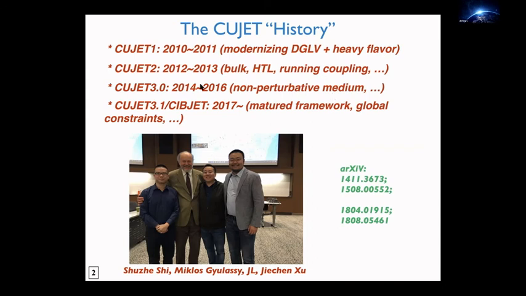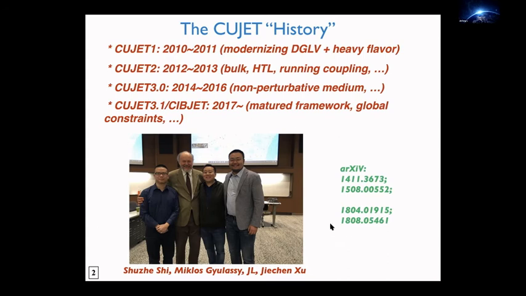And I think that turned out to be very successful, both from a theoretical point of view and a phenomenological point of view. That was the latest stage, which we called COGL 3.1 or CIPJET, after 2017, where we fixed a number of issues in this version. I think this is now a mature framework that has passed global constraints from various data that I will show you in a moment.